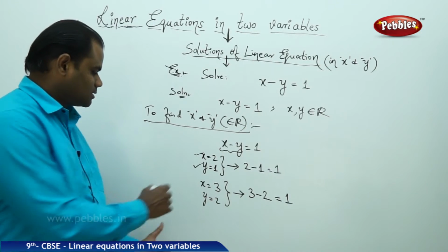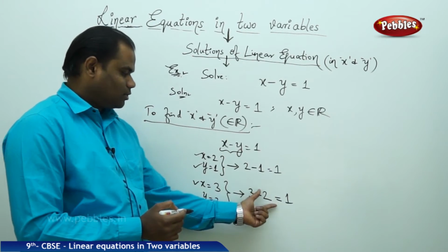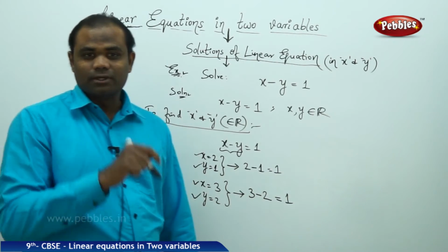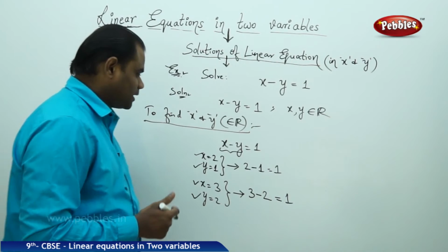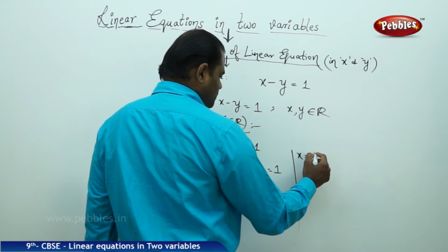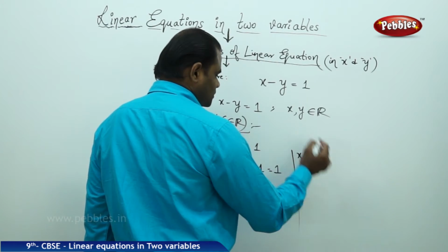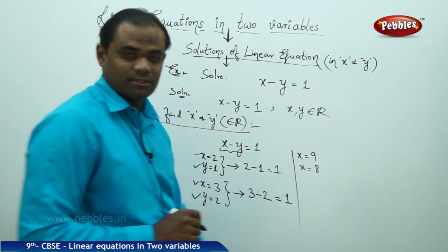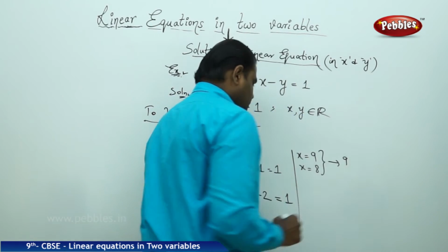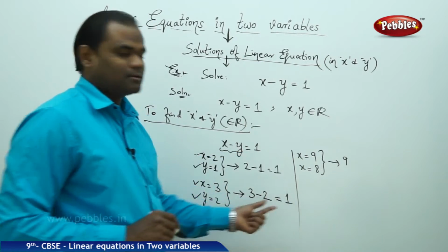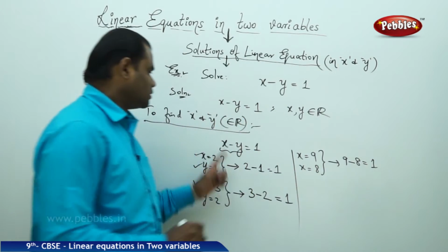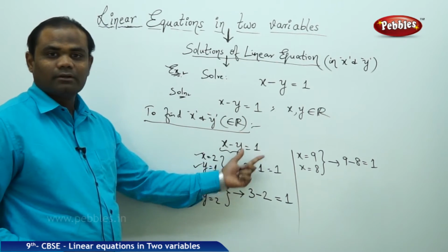Therefore, even this set, because it satisfies the given equation, is a solution for the given equation. Let's try another example: x equals 9 and y equals 8. Substituting x as 9 and y as 8, 9 minus 8 is 1. Therefore, this also satisfies the given linear equation.